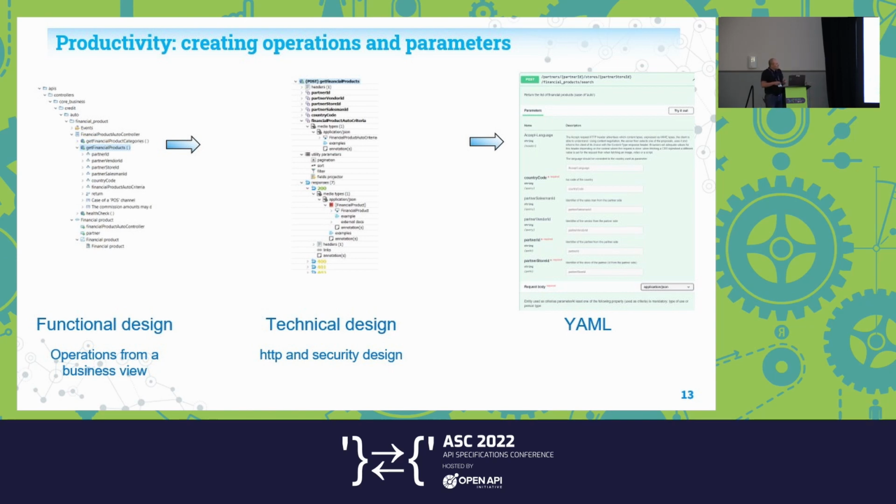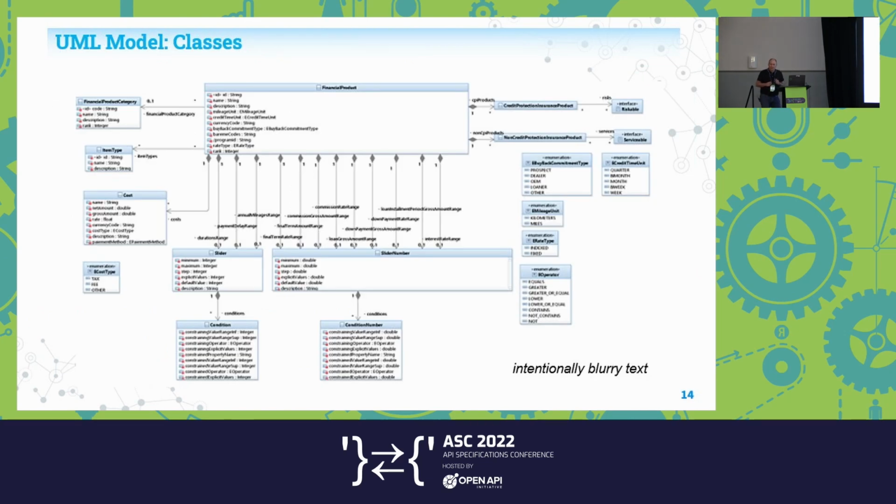And we start to create the YAML automatically. It's really very fast. Okay, then I talk about operations, but what about schema? I don't have to define the schema manually in the OpenAPI. It's done automatically.